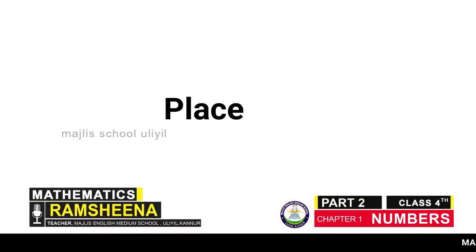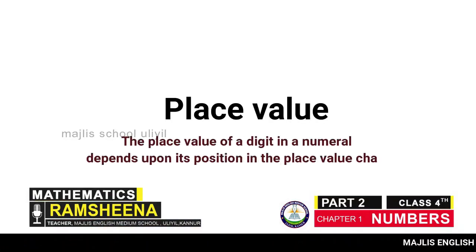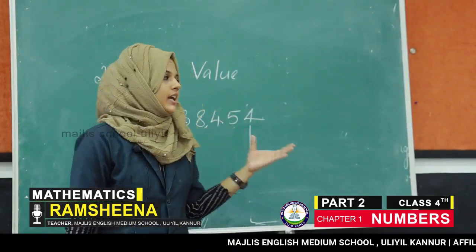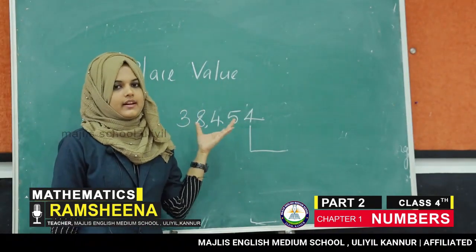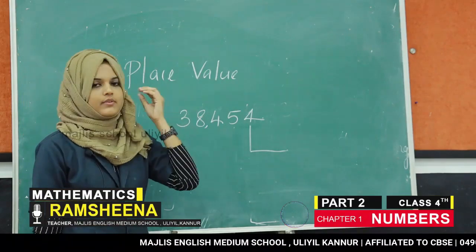Okay, then the next one, the place value system. Place value means the place value of a digit in a numeral depends upon its position in the place value chart. Then look at this number and write these place values. This is 38,454.